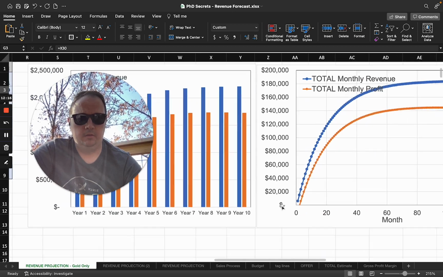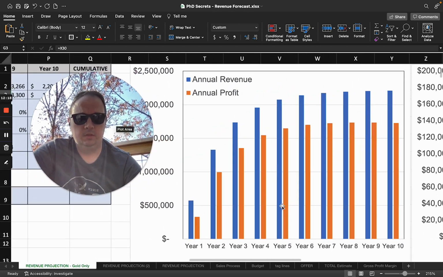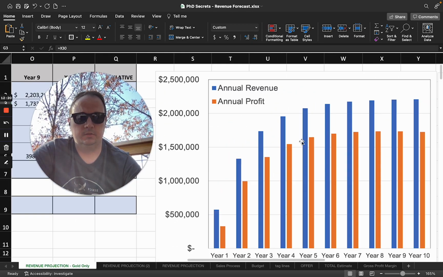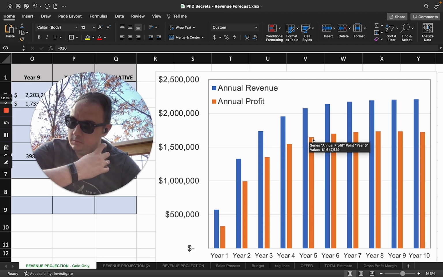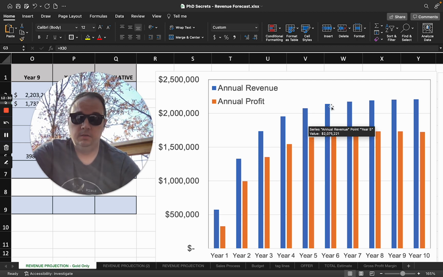And then, here are my charts. Okay, so in this model, you see we're plateauing around year 5, year 6, but with annual profit like $1.5 million, so not too bad. We're getting up to like 2.5 million.